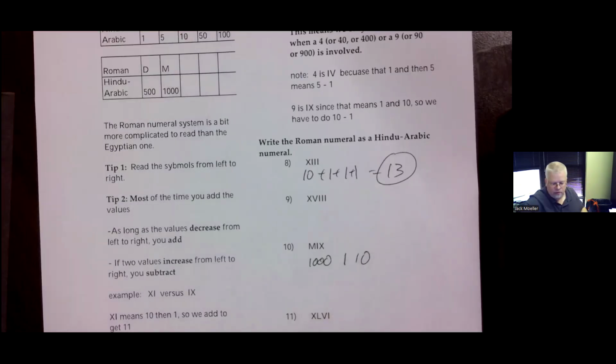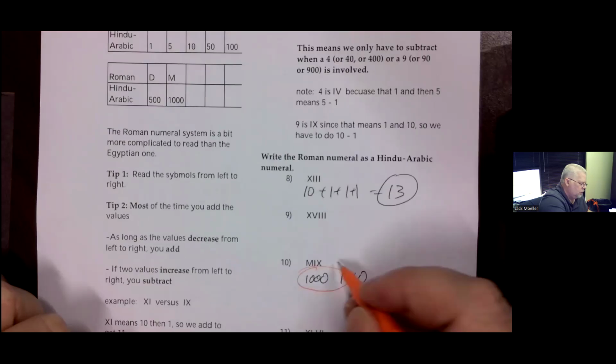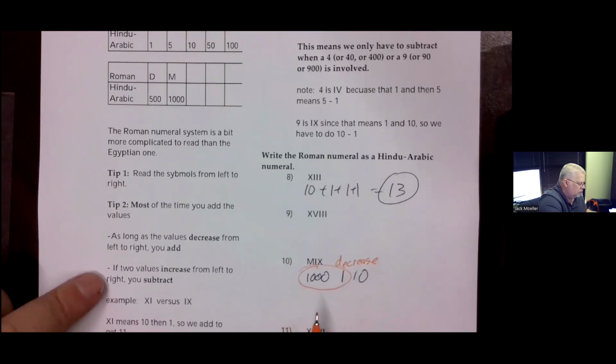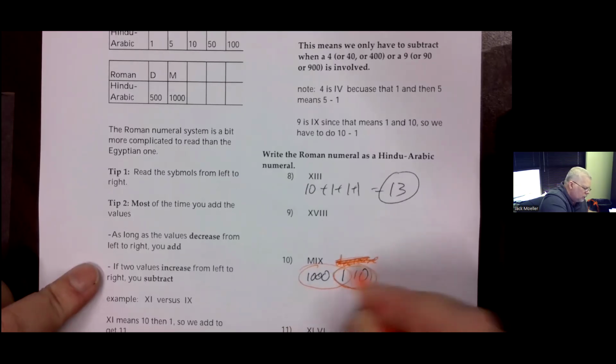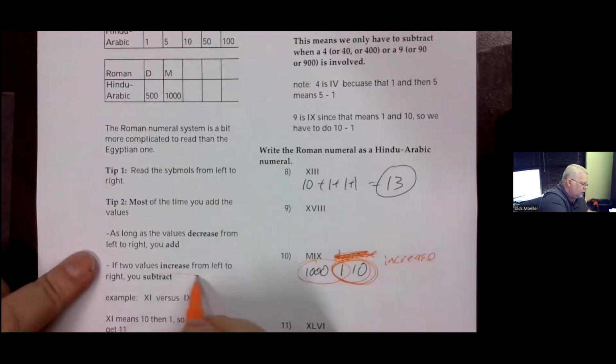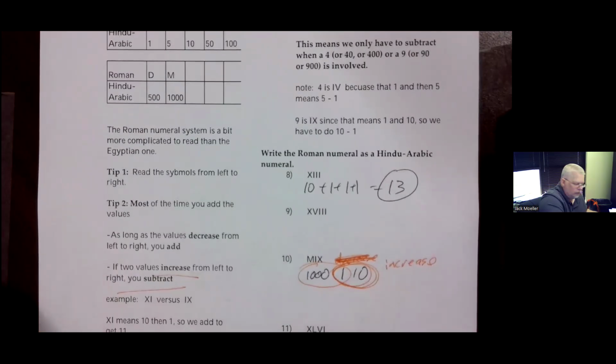So those two right there decrease. That's what I mean. If you decrease from left to right, oh, wait a minute. You're talking about subtracting. Sorry. So those increase. And if you increase from left to right, you subtract. So we're going to be subtracting 10 minus 1 here.